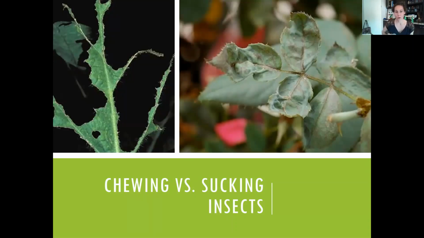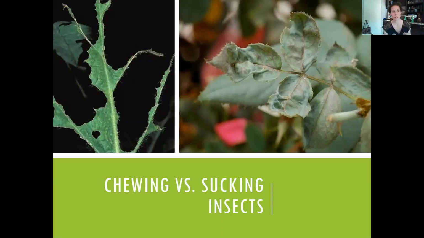I also think that when you're looking at any insect that's causing damage to any type of plant, it's good to know the difference between an insect that chews versus an insect that has piercing, sucking mouth parts, because the damage they do is different. The way they feed on the plant and hang out on the plant is very different.